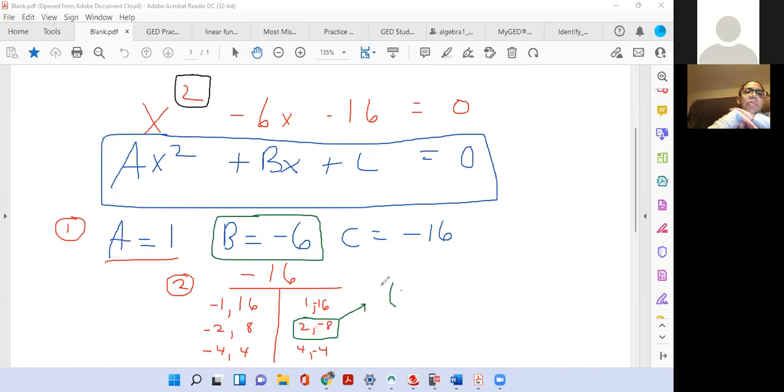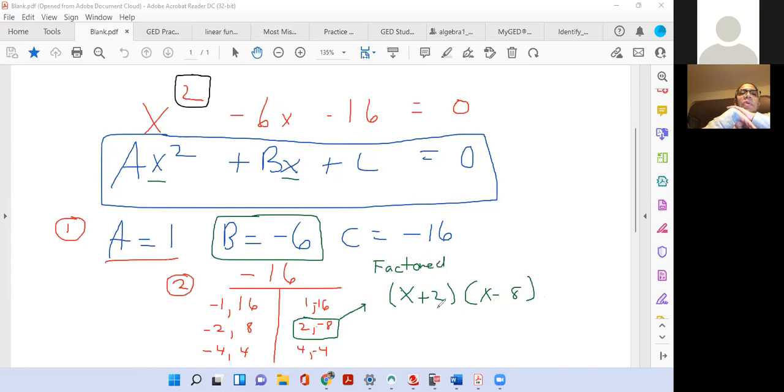What variable is in this quadratic equation? X. So x plus 2. And our second one was -8, so x minus 8. Once you find that factor pair, we use the variable that was given to us. So (x + 2)(x - 8) is this quadratic equation factored.